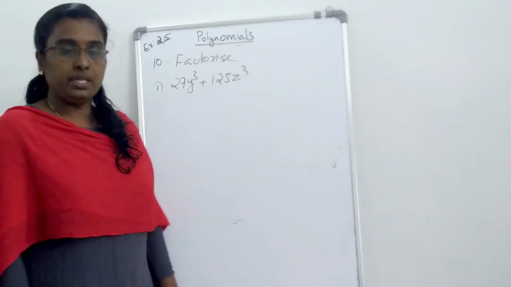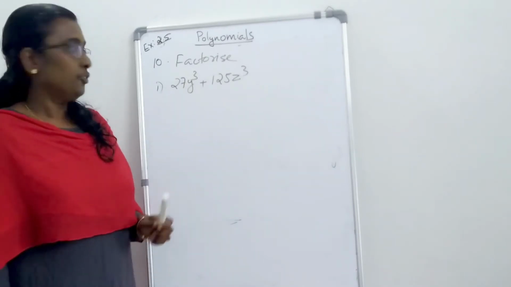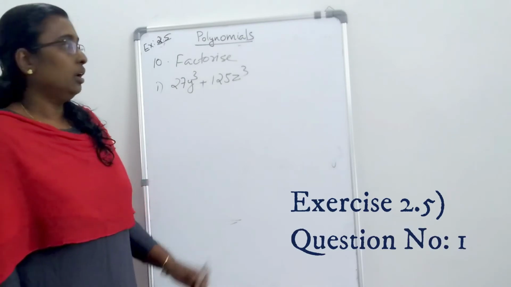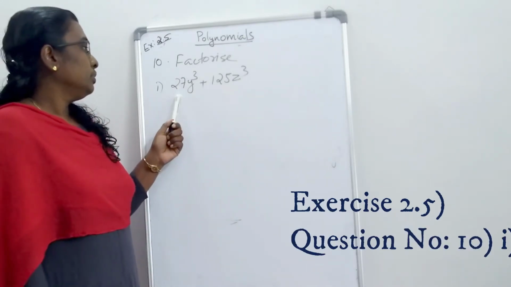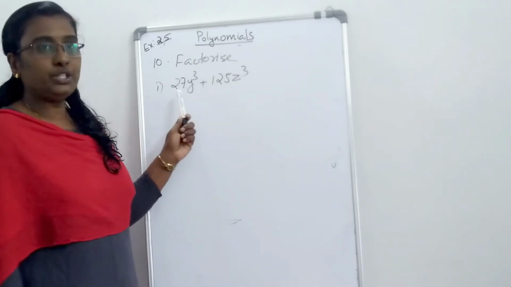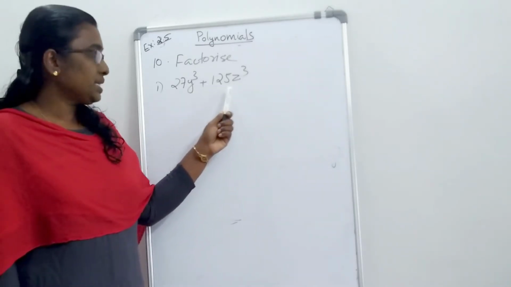The 10th question is again factorization. Factorize 27y cube plus 125z cube. You can identify which identity is used here. This is similar to a cube plus b cube.